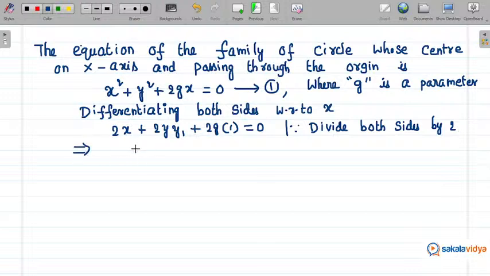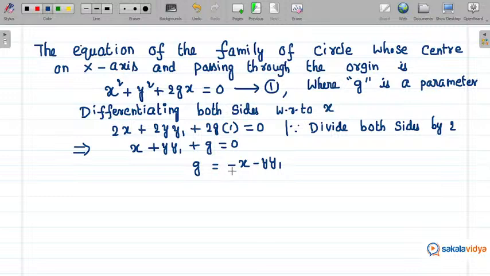We get x plus y y1 plus g equals 0. Now g equals minus x minus y y1.